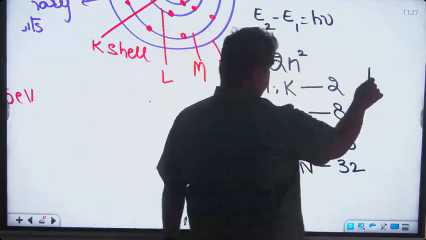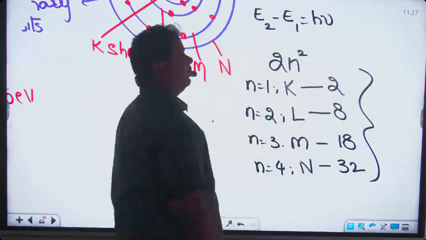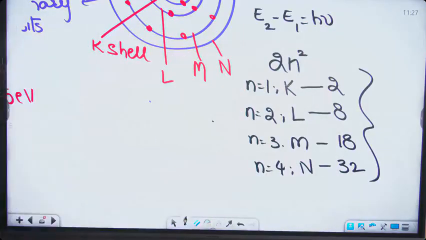So remember this one, it is a previous question. 2, 8, 18, 32. N equal to 1, 2; n equal to 2, 8; n equal to 3, 18; and n equal to 4, 32. Right.